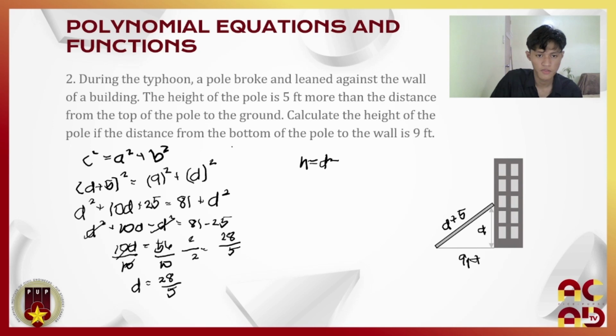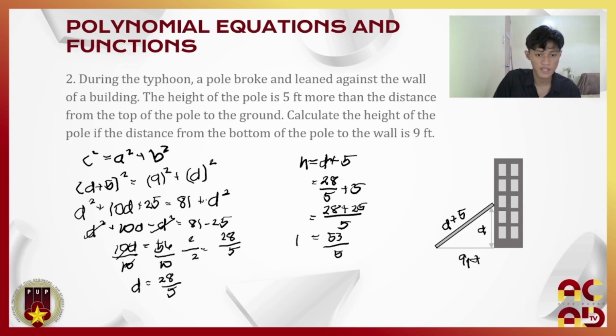So d plus 5, 28 over 5 plus 5. LCD, 5 divided by 5. So we have 1 times 28, we have 28. So 5 divided by 1, 5 times 5, we have 25. 28 plus 25, we have 53 over 5.